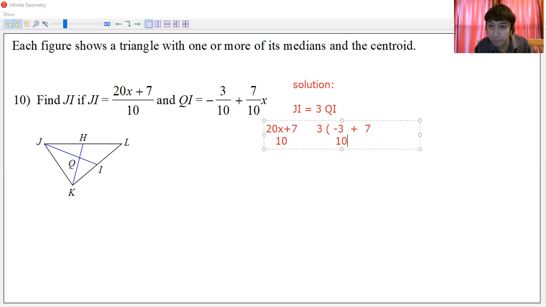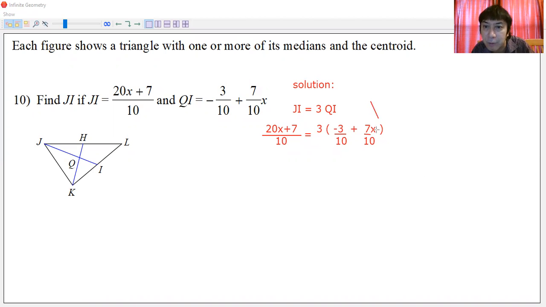Then we put the equals, the division symbol, and the fraction lines so that it will look nicer.